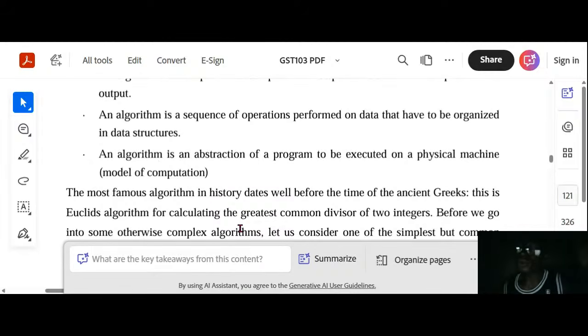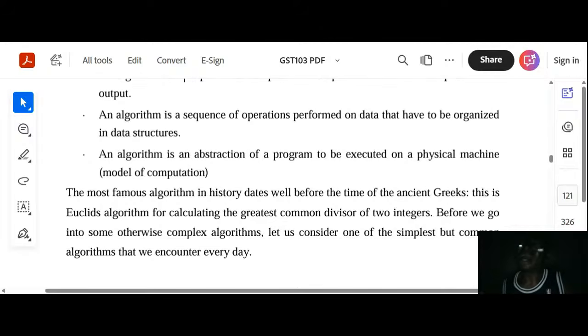Guys, you don't need to cram algorithm. Tomorrow, if you see any question on algorithm, just try to remember something. This algorithm, what does it mean? Remember the idea of you wanting to tell your computer how to brush your teeth, and how you have to tell it every step precisely what it has to do, number one, followed by number two, number three, the sequence it has to follow to solve that problem.